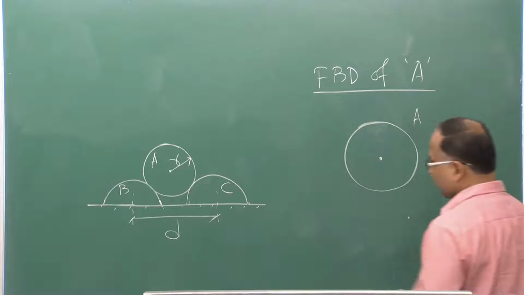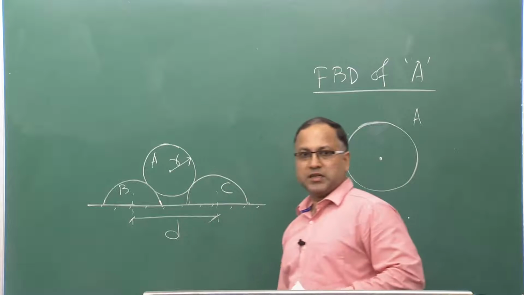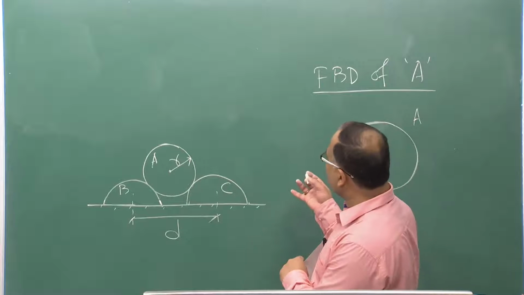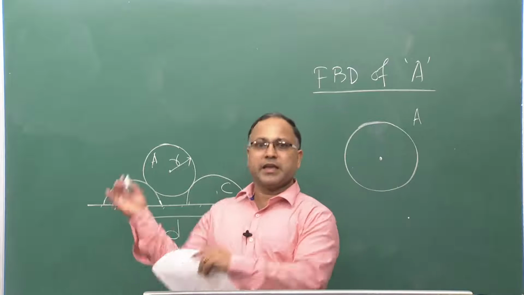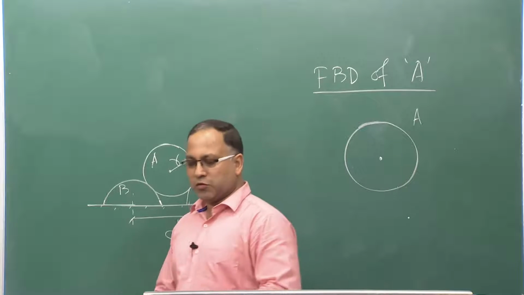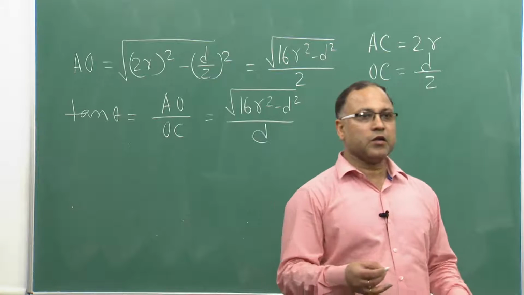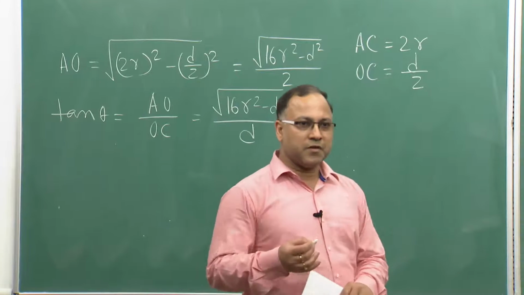This is your cylinder A. Now, what forces are acting on it? A free body diagram of cylinder A means you are taking cylinder A out of the system, so you have to replace the contact forces or the externally applied forces.